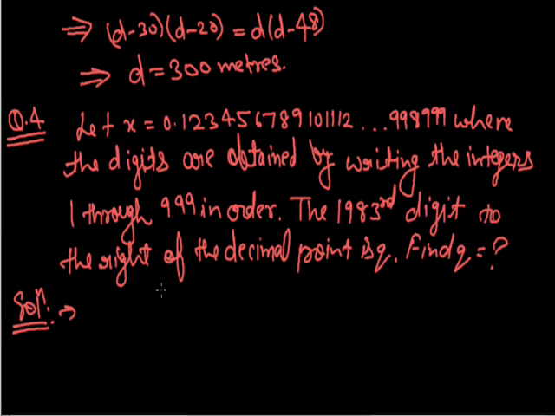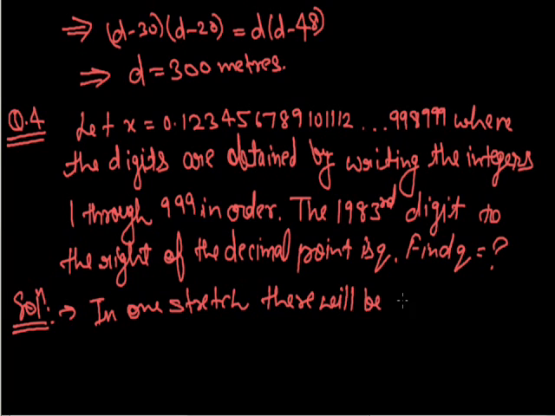In one stretch, there will be 9 numbers having one digit, 90 numbers having two digits.